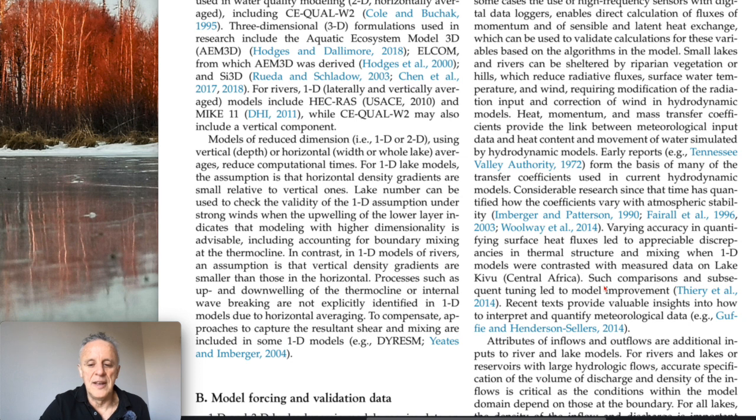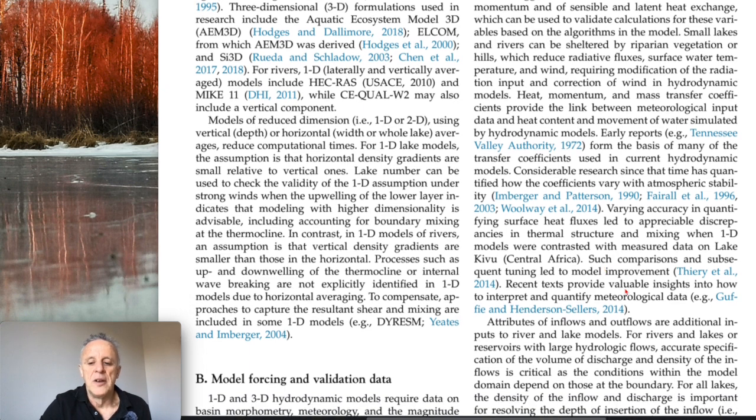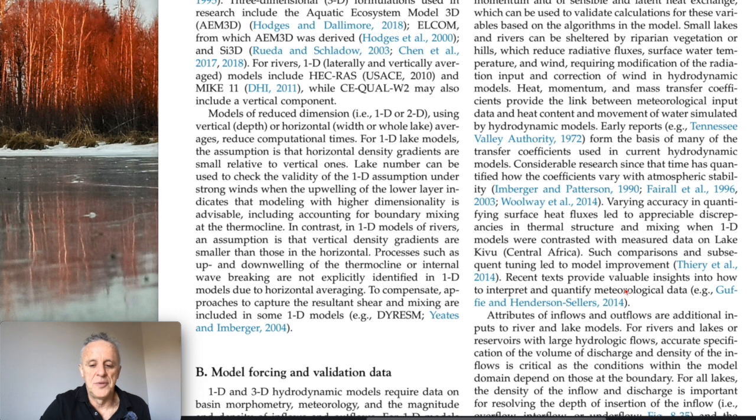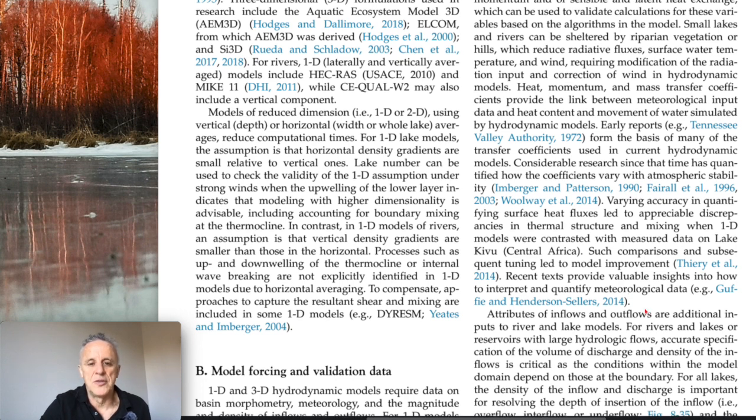Varying accuracy in quantifying surface heat fluxes led to appreciable discrepancies in thermal structure and mixing when 1D models were contrasted with measured data on Lake Kivu. Such comparison and subsequent tuning led to model improvements. Recent texts provide valuable insight into how to interpret and quantify meteorological data.